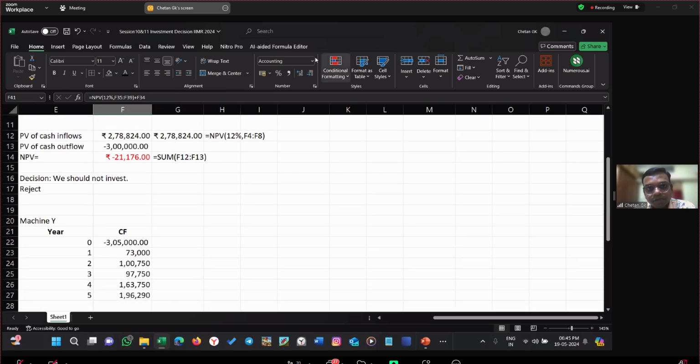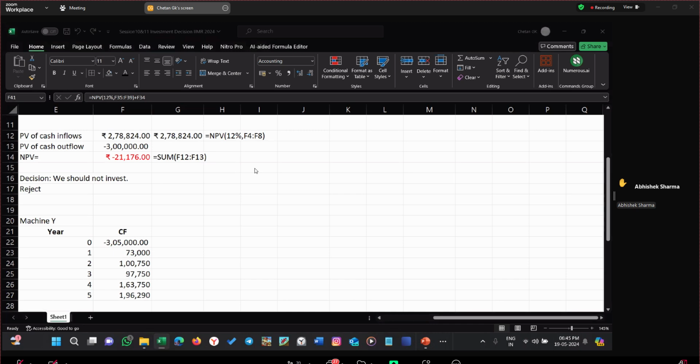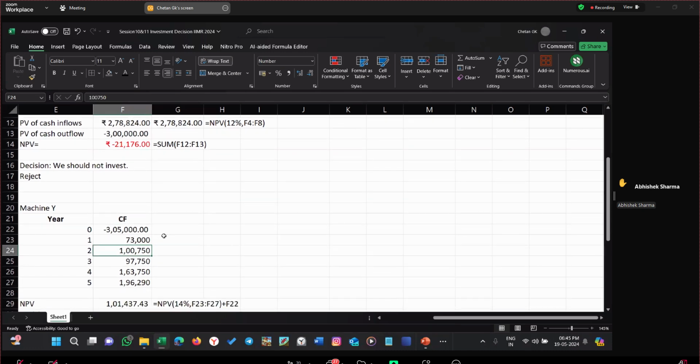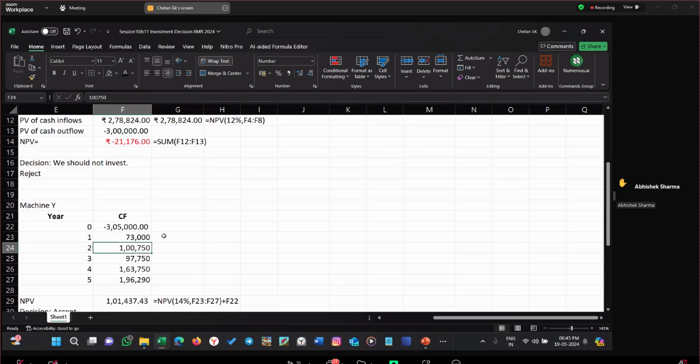Yes, Abhishek sir, tell me. Sir, just one question. In these general cases, in year 0 there is the outflow and year 1 onwards are all inflows. Supposing the project involves an outflow in year 2 as an expansion, which is mandatory, that again will be taken as the present value of that outflow and added. Is that right?